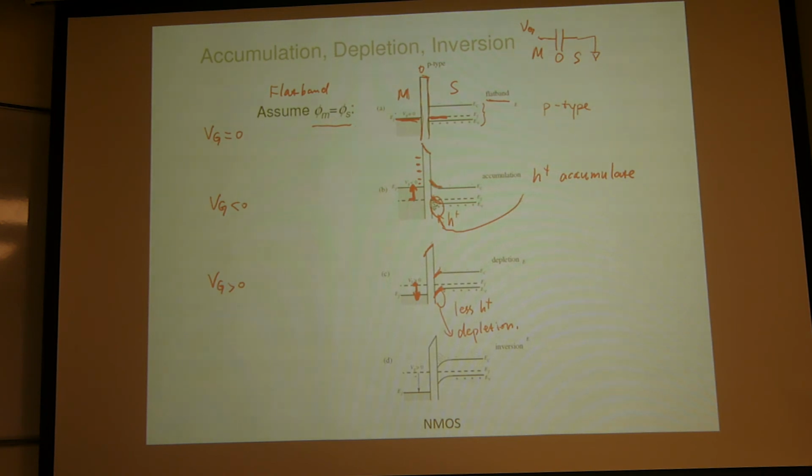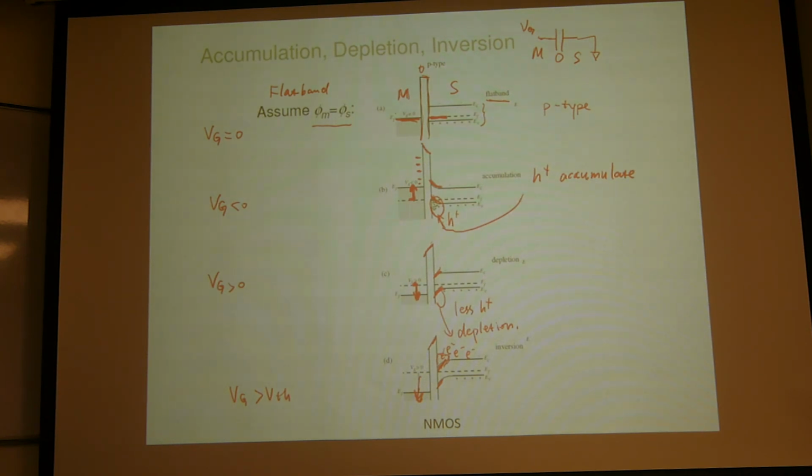If you keep increasing the gate voltage, for example, larger than the threshold voltage, then this band is bent so much here. In this triangular region, you have electrons, because electrons tend to go down in the band. So you create electrons.